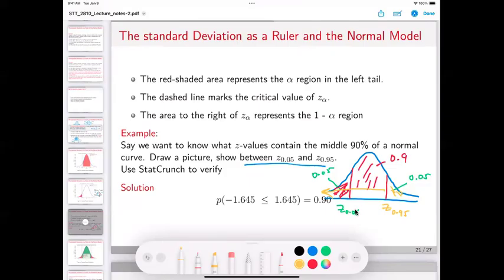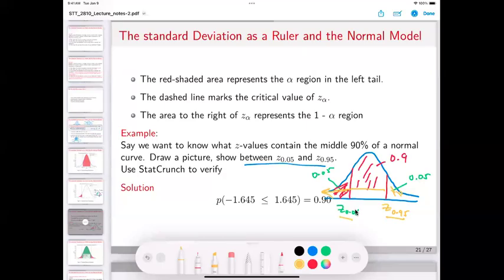I always tell you for the z value, we focus on what? The area to the left. Here to the left is what? 0.05. Here to the left is 0.9 plus 0.05, 0.95. Is that okay? Make sense? Okay.